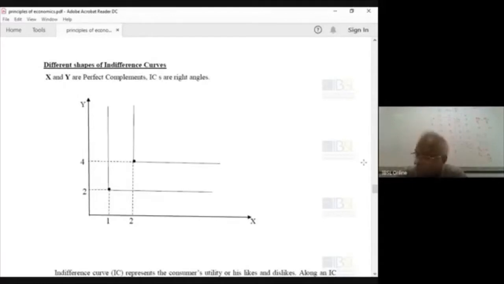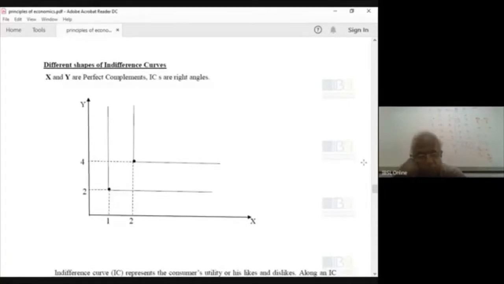Sometimes if you love sweet, it is 1 to 2: 1 tea, 2 spoons of sugar, 2 to 4, 3 to 6. Now in this case, if you take the x-axis as cups of tea and the y-axis as sugar, this guy loves sugar.